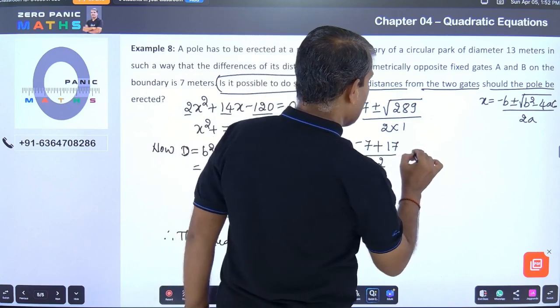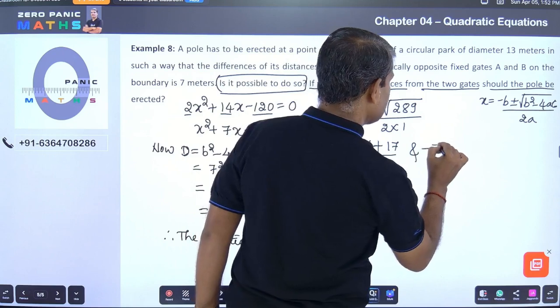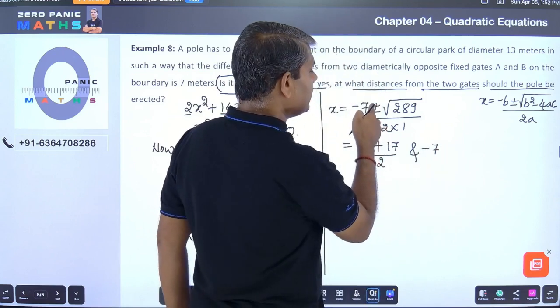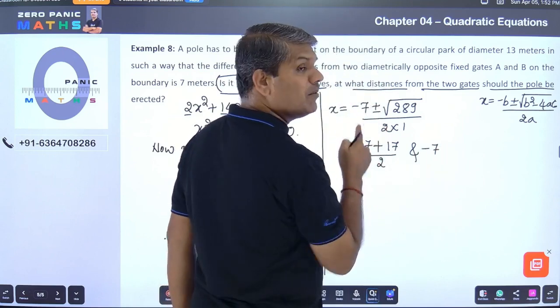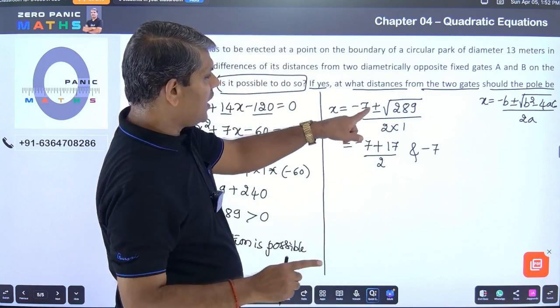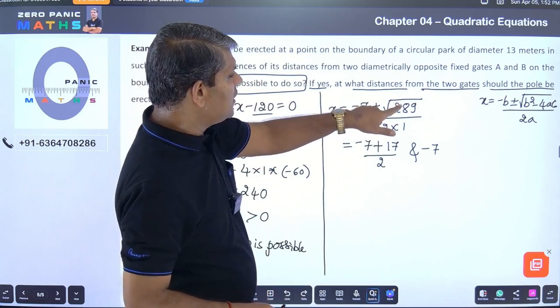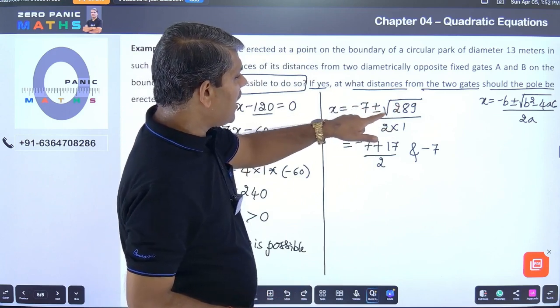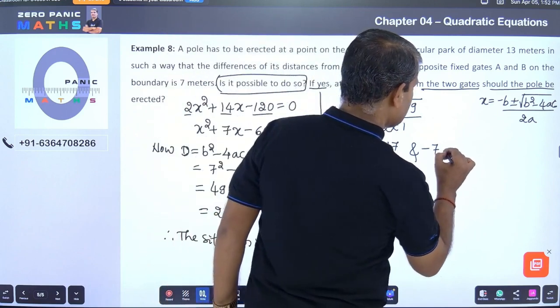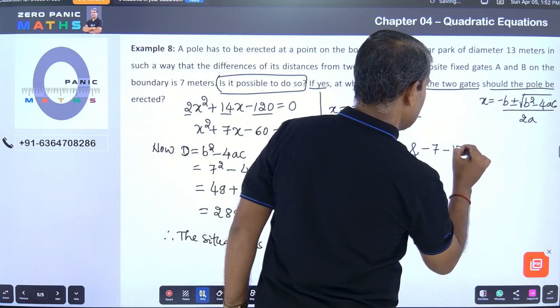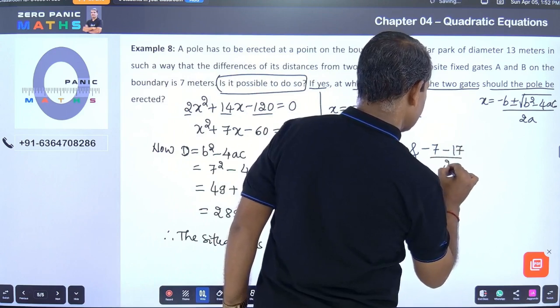One root is with plus and another root is with minus. There are two roots, and I'm splitting that: minus 7 plus this root, and minus 7 minus this root. This is the second root, 17 divided by 2.